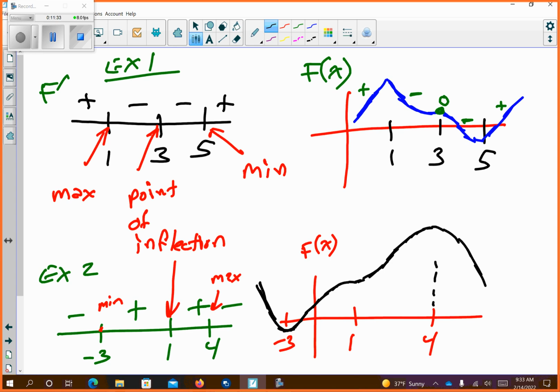Okay, so this should be our max, like we said. This right here has a slope of 0, so it's a point of inflection because the signs didn't change. It stayed positive, positive. And this is our min. Okay, again, that's relatively what our picture would look like if we knew the derivative sign chart.